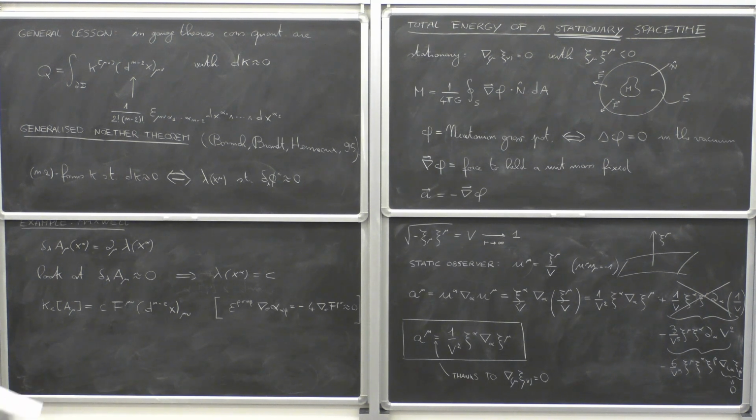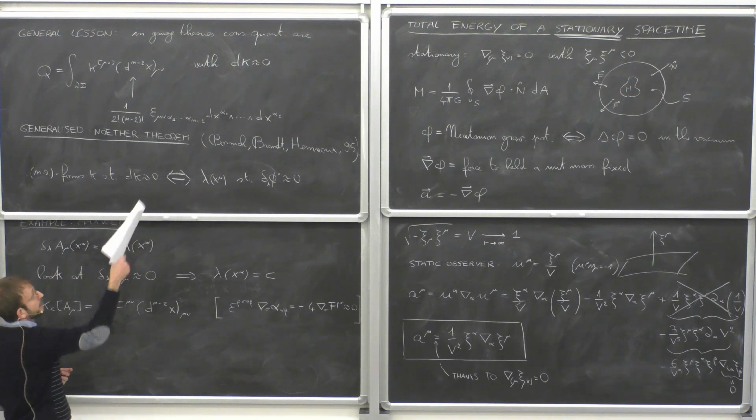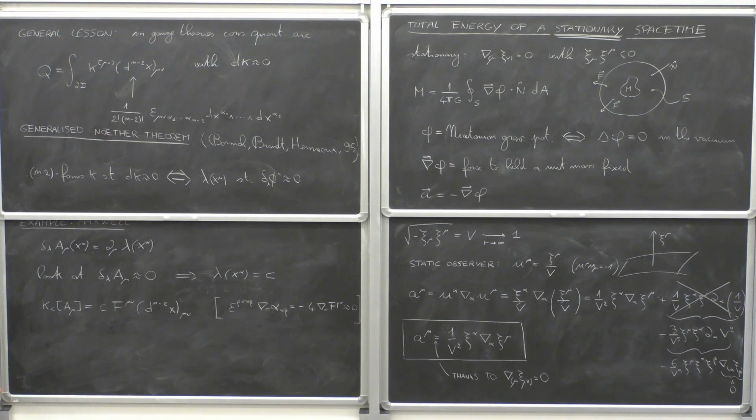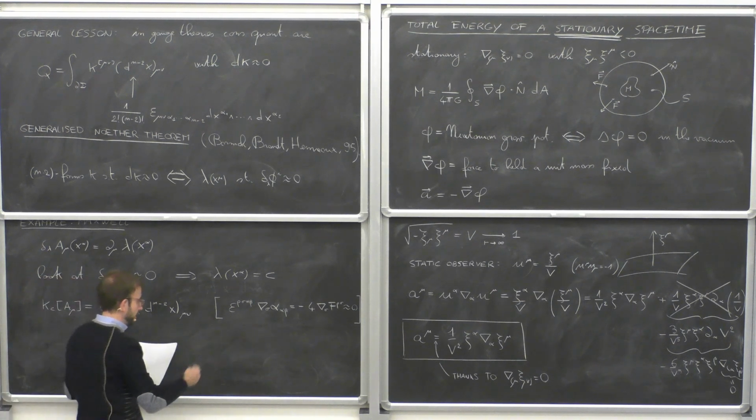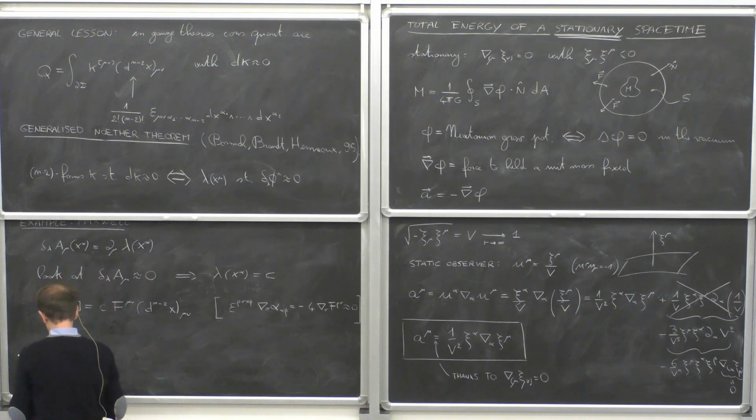Or you can do things the other way around: start from the antisymmetrization with the exterior derivative, contract with epsilon symbols, and reconstruct the other relation. So the important thing is that dk equal to 0 is always equivalent to the divergence of k^{mu nu} equal to 0. It's just a matter of contracting epsilon symbols.